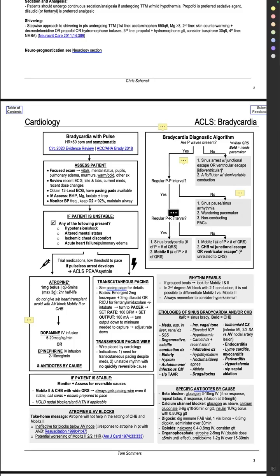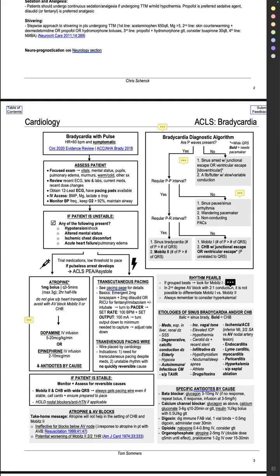And okay, let's say the PR intervals are normal. So then you have either sinus bradycardia, in which there's equal amounts of P and QRS waves, or you have Mobitz type 2, in which there's a random drop of the QRS, so you're going to have more P waves than QRS.